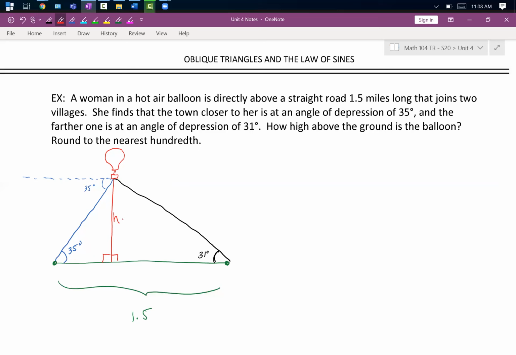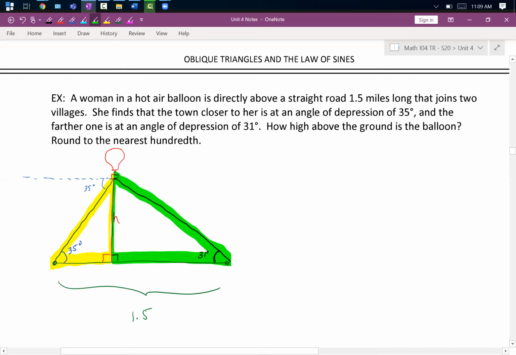Anybody have any ideas? Like big plan ideas, not specific ideas. I'll notice that we have this triangle, and then we have this triangle. Both right triangles, and they both share a side h.